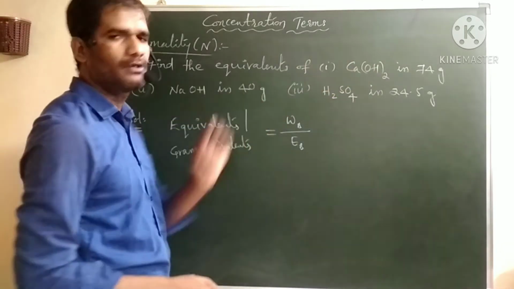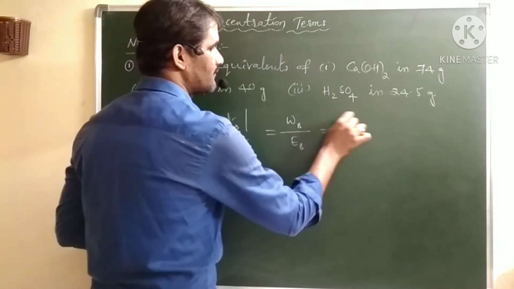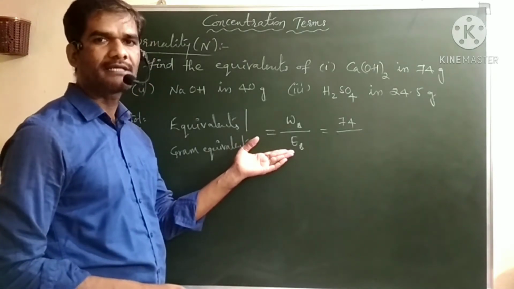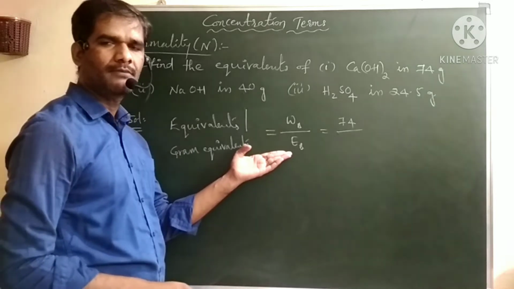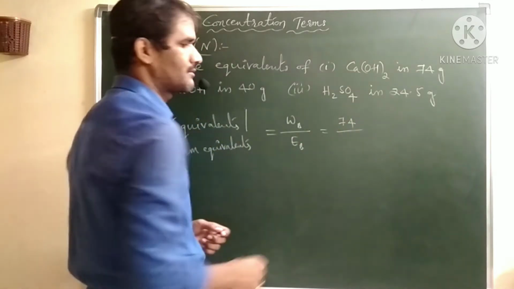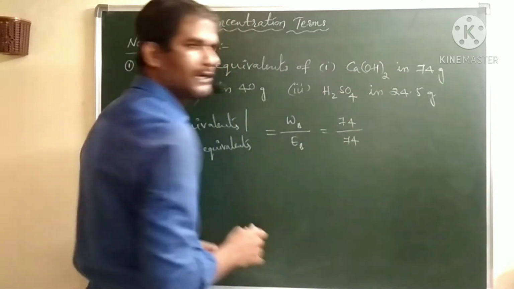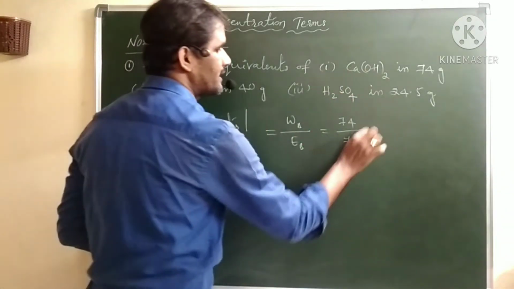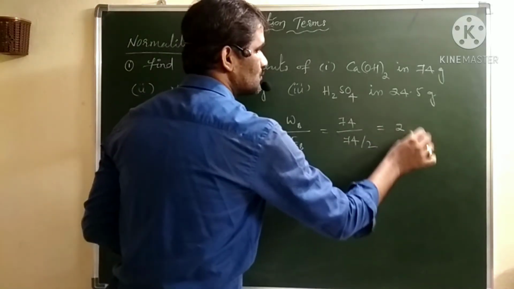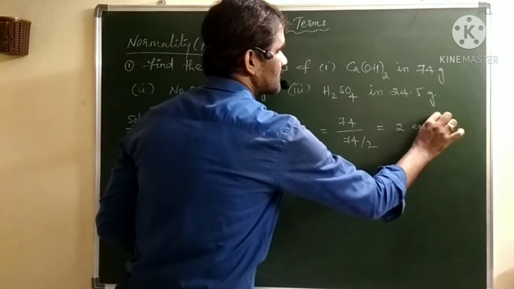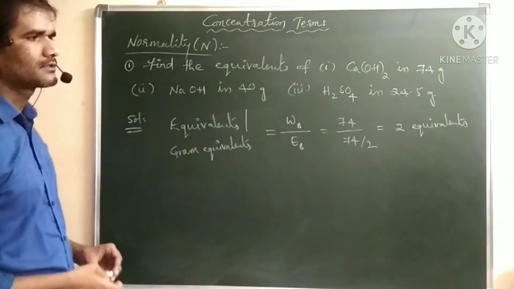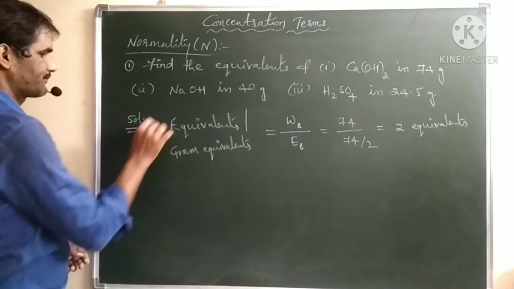Here the weight of solute is given, that is 74 grams of calcium hydroxide. And what is the equivalent weight of calcium hydroxide? To learn how to calculate it, you can check my previous video on the concept of equivalent weight. The equivalent weight of calcium hydroxide is molecular weight by its N factor. For calcium hydroxide, the N factor is equal to 2. And this will give 2 equivalents. So in 74 grams of calcium hydroxide we have 2 equivalents.